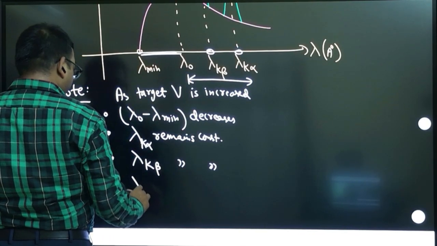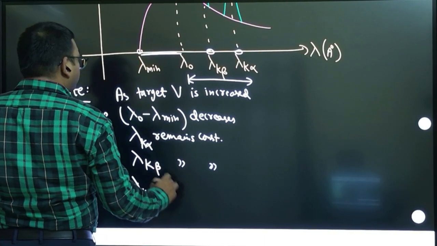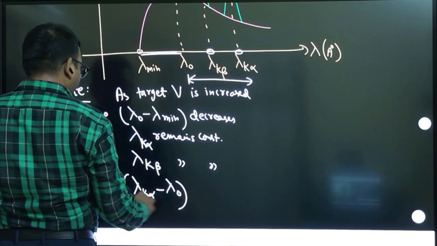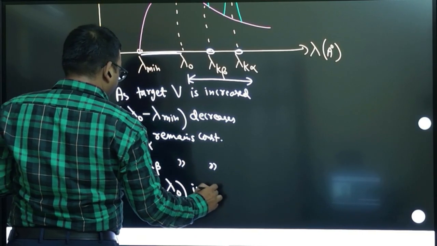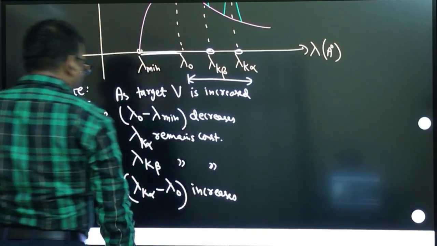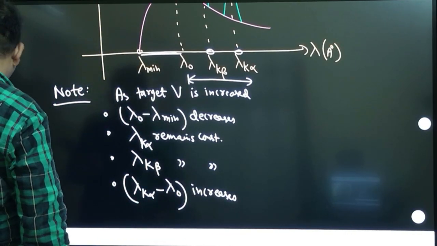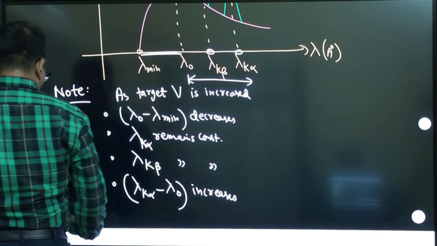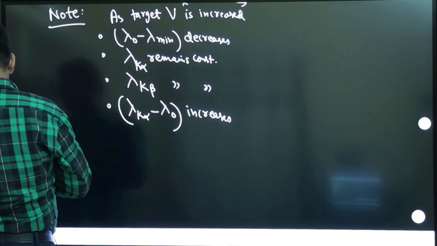So that means lambda of K alpha minus lambda naught increases. Okay, that's an important point.